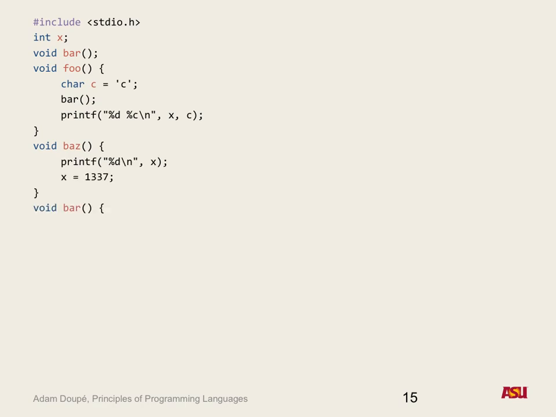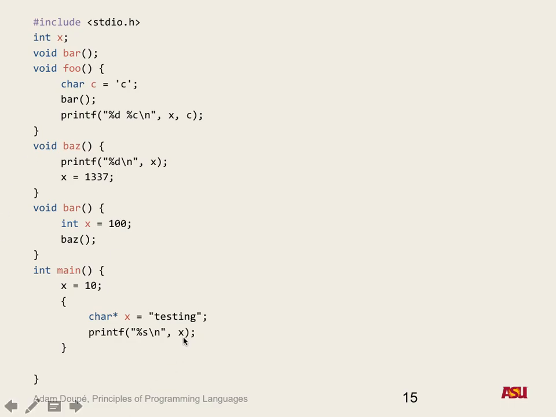So what's the issue with this X here? If we want to resolve this usage of the name X, we have an identifier X, how do we map this back to a declaration? How many X's are defined at this point?